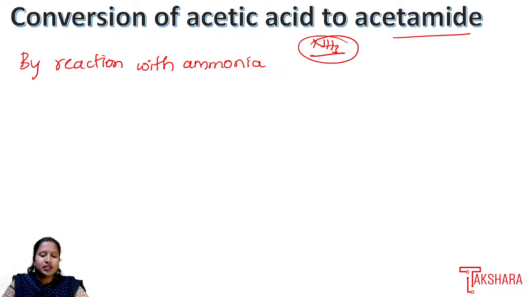So now let us consider acetic acid as a reactant molecule. Okay, so let us consider the acetic acid as a reactant molecule. So that is CH3COOH. So acetic acid is what? CH3COOH.